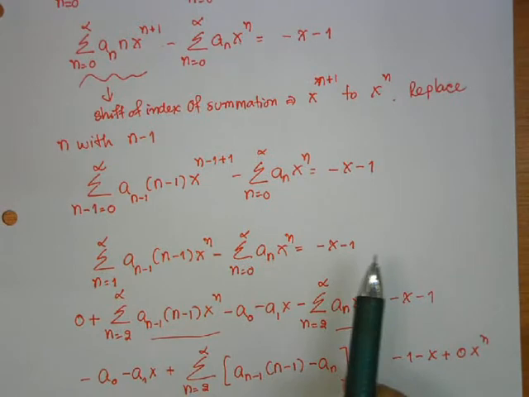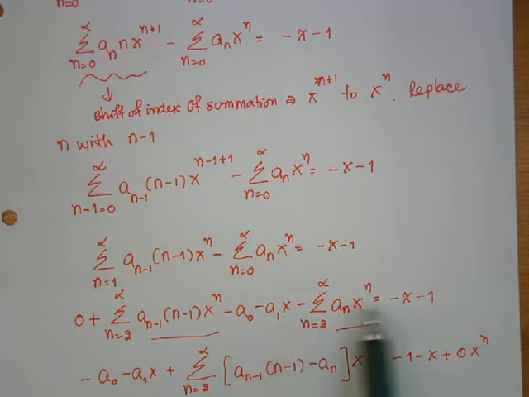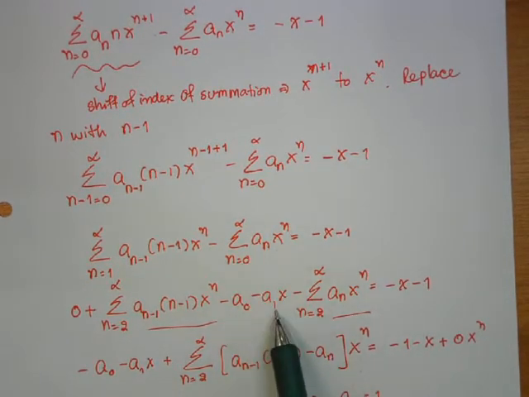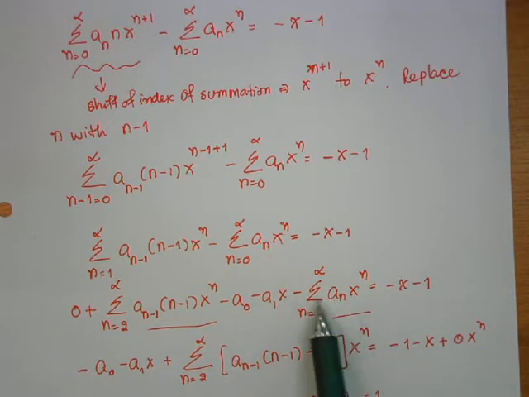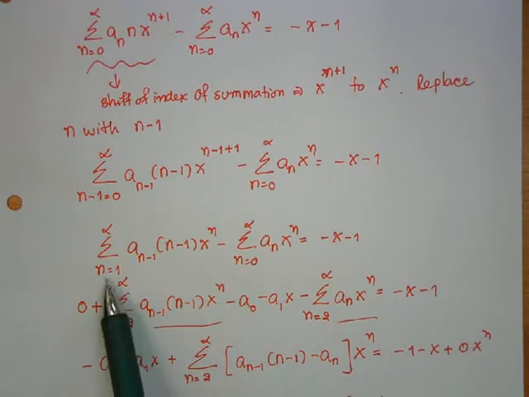So from this one I put n equal to 0 and n equal to 1, because I already observed that on my right hand side I have x there. When I put n equal to 1 there, I get minus a1 x. The rest of the terms I keep as the summation. The first term starts from 1, but for the second term I already moved it to 2.